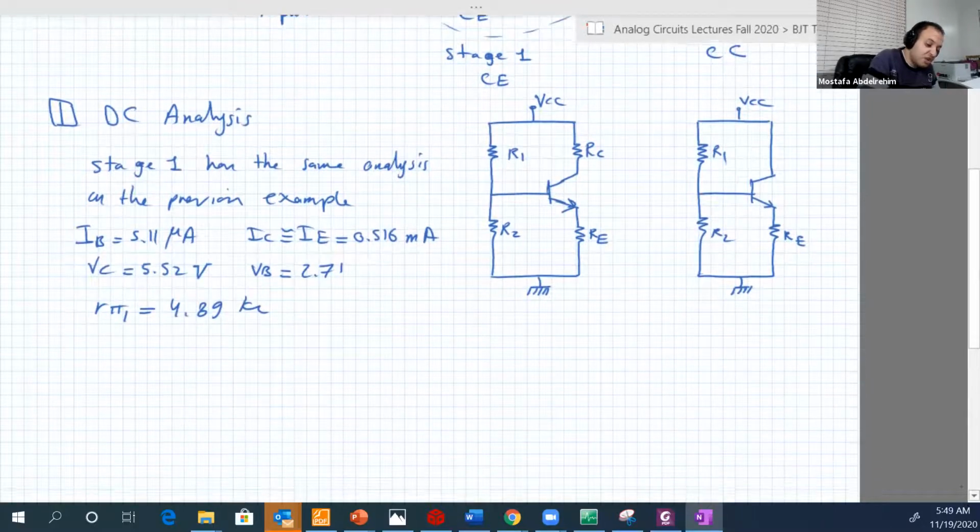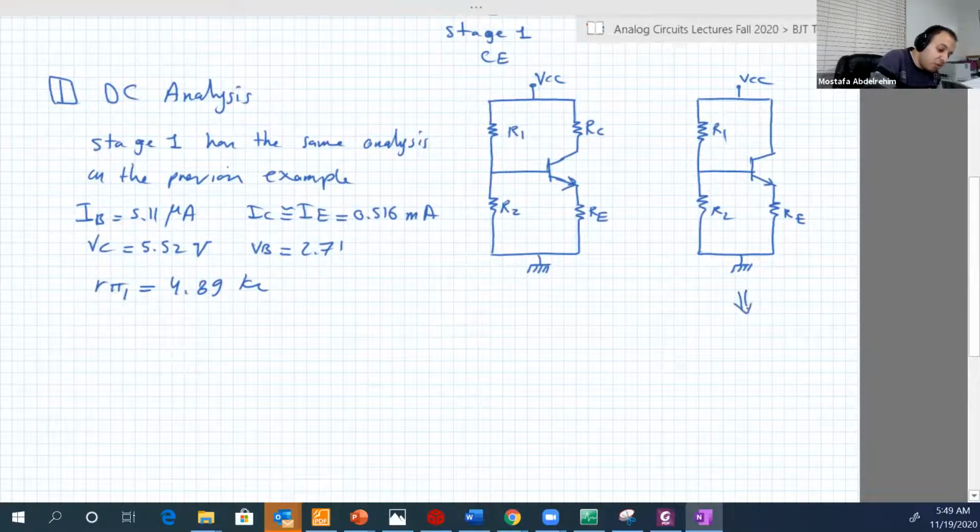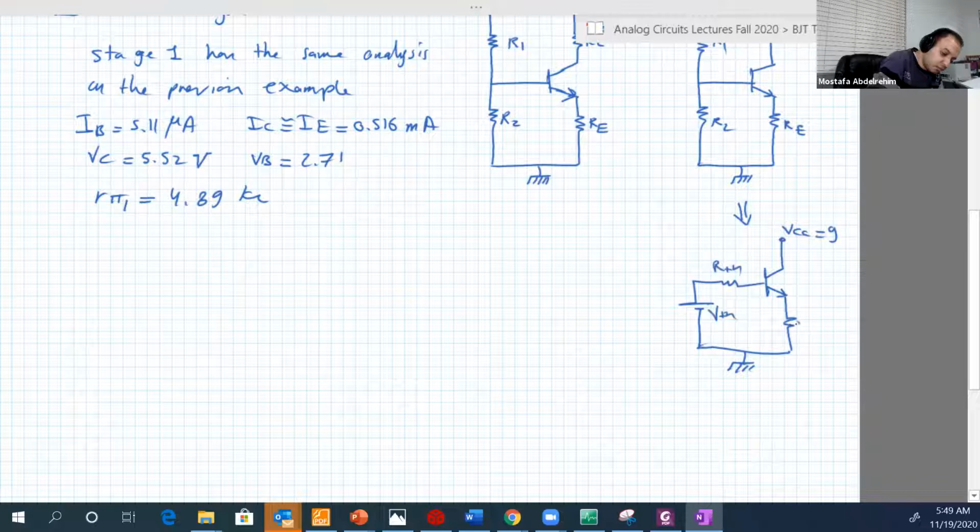But how about the second stage? The second stage by Thevenin will be something like this. And if you do Thevenin, you will find that R7 and V7 are exactly equal to the values that we got in the previous example. So nothing new here.